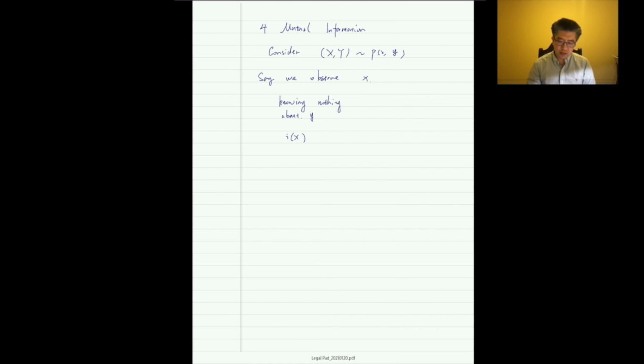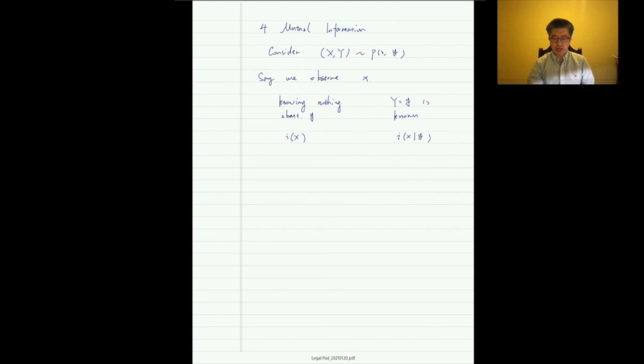Now on the contrary, let's say we observe y. We know y is y. Let's say this is known, and then what is the uncertainty of x? That will be I of x given y. This is the uncertainty of x.